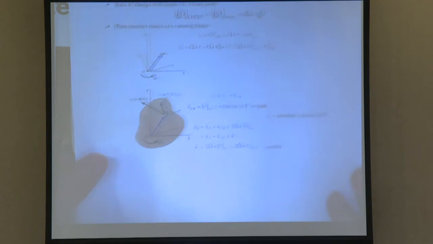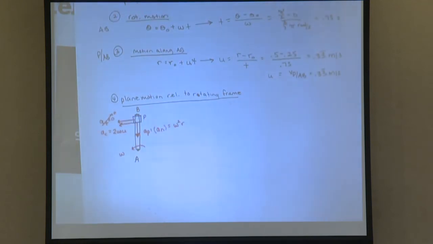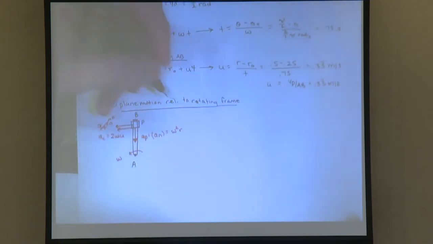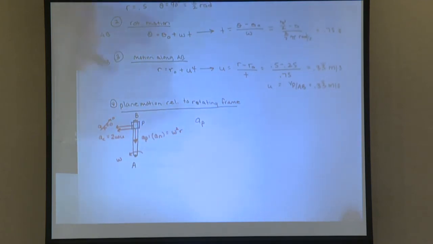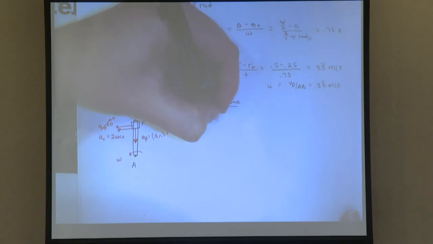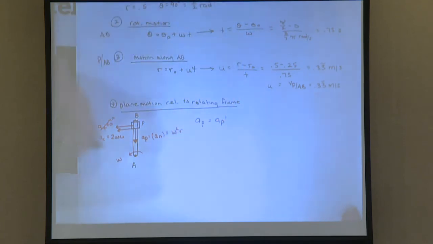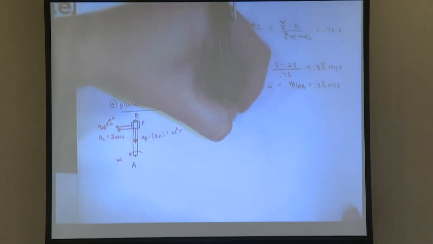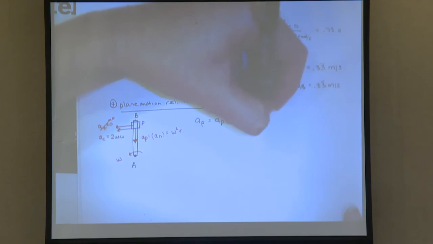So putting all this down onto the paper, we can write this as the acceleration of P is equal to AP prime plus AP relative to AB, I'm just writing it all out, plus 2 omega cross VP relative to AB.